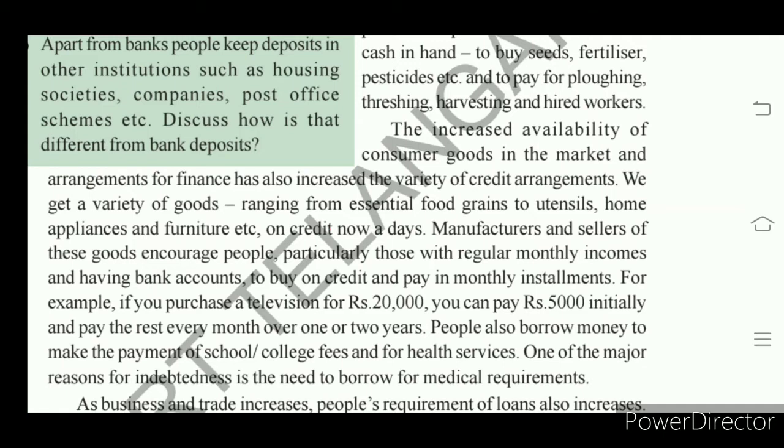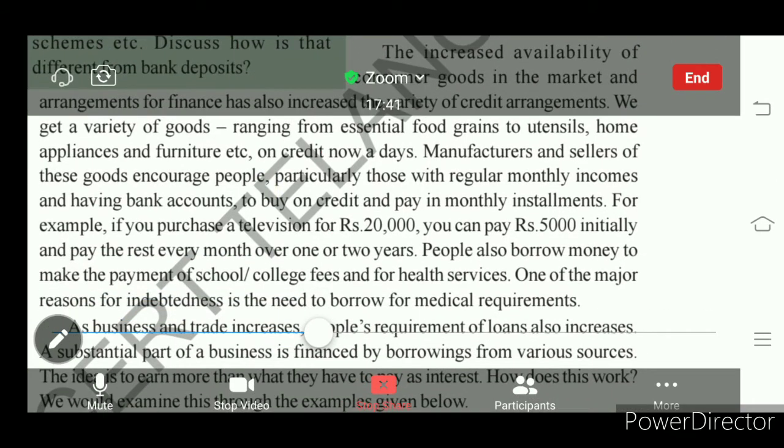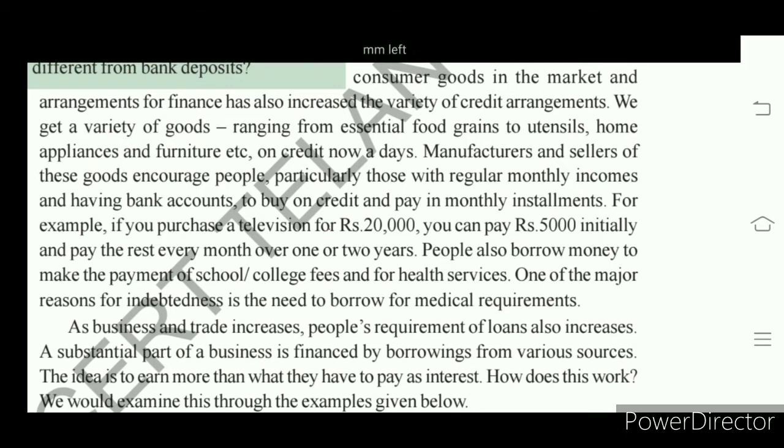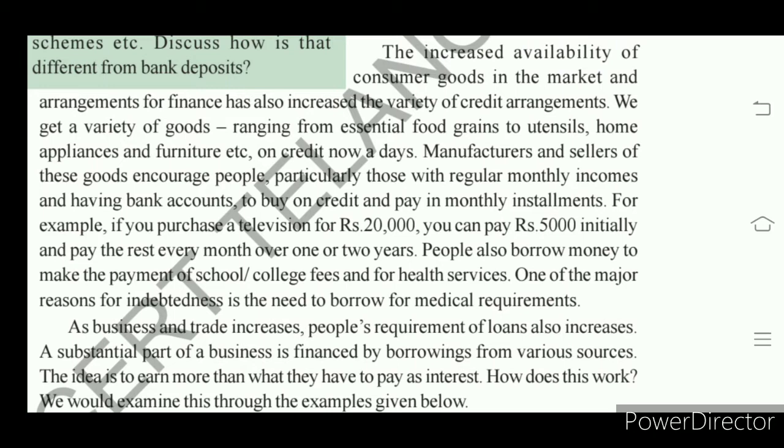To understand this, here is one example. Suppose you want to buy a television of 20,000 rupees. You can pay 5,000 initially in advance as a down payment. When you visit the showroom, you will find many financial persons who give loans.